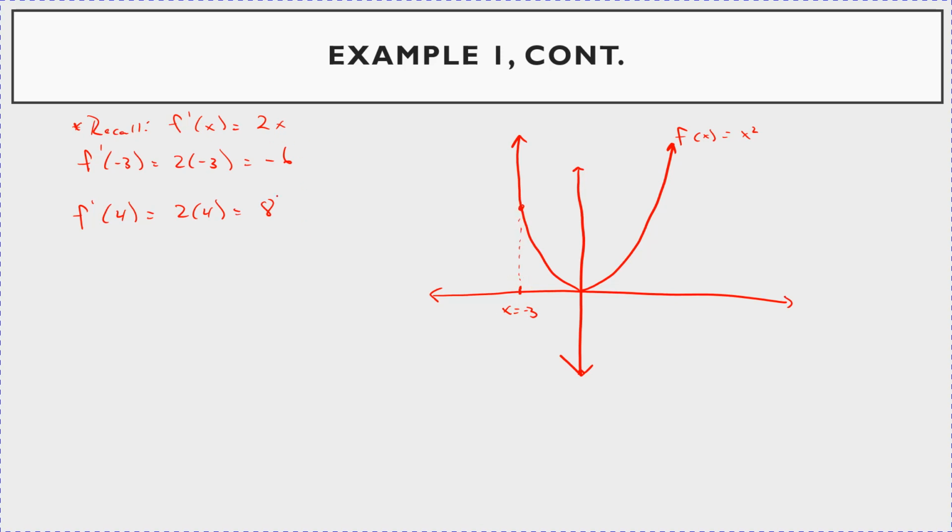And what we're saying is the slope of the tangent line at that point is equal to -6, which totally makes sense because it's sloping downward. And then when x is equal to 4, this is the tangent line to the graph there. The slope of this tangent line is equal to 8. And let's just do an extra one.